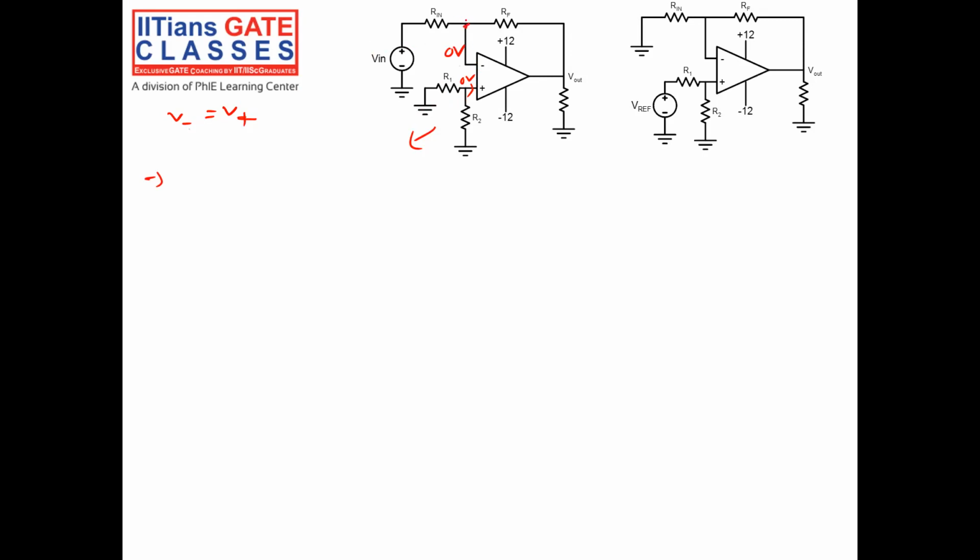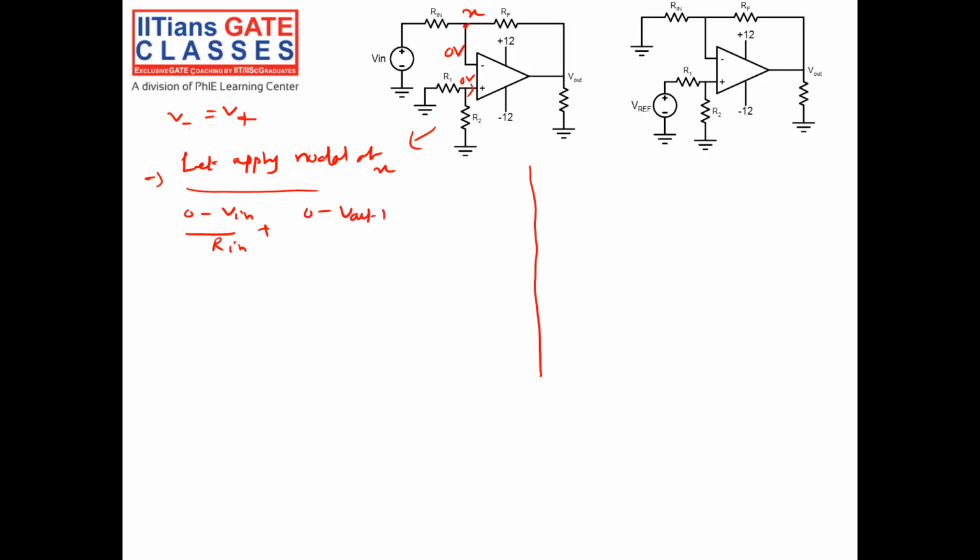So since V minus is equal to V plus, this will also be equal to 0 volt. Let the node be X. Let's apply nodal at node X. 0 minus V in by R in, plus 0 minus V out 1 by RF is equal to 0.